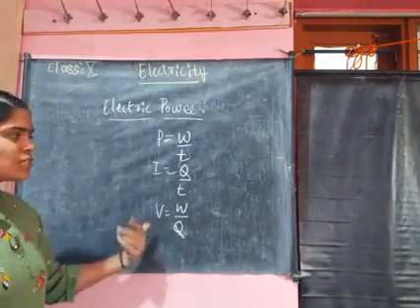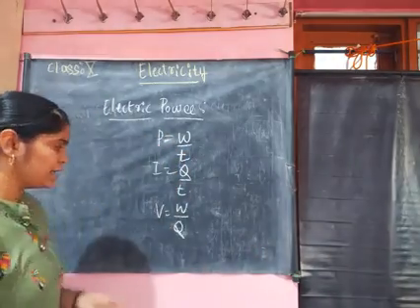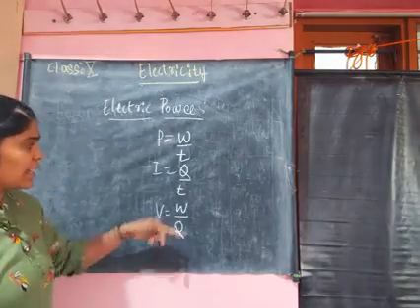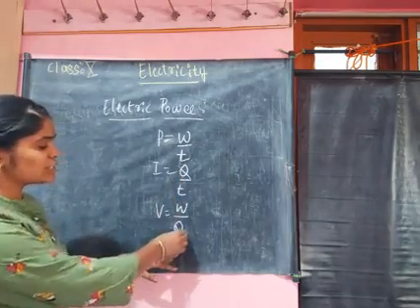Using all these equations, we can get one formula. We have Q here and Q here, so we apply this Q value in this equation.